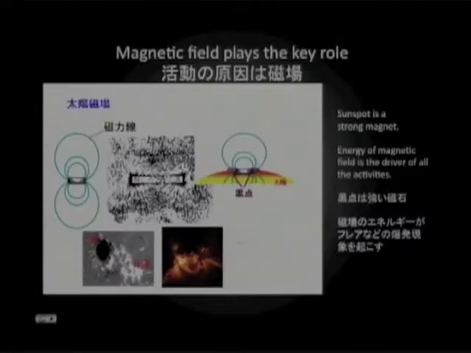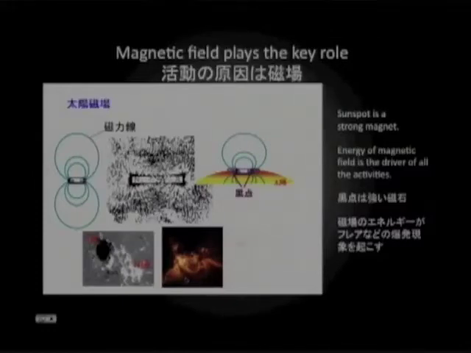Sunspots are big magnets, where the white is the N pole and the black is the S pole. By connecting between the two, you can see the loop structure in the EUV. This is like magnetic field lines when we place a bar magnet in sand.